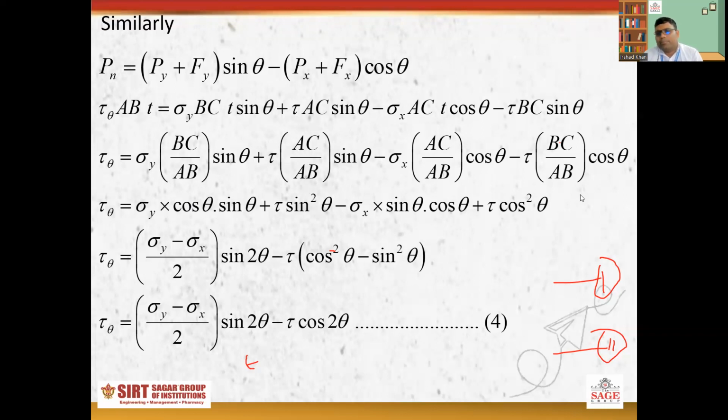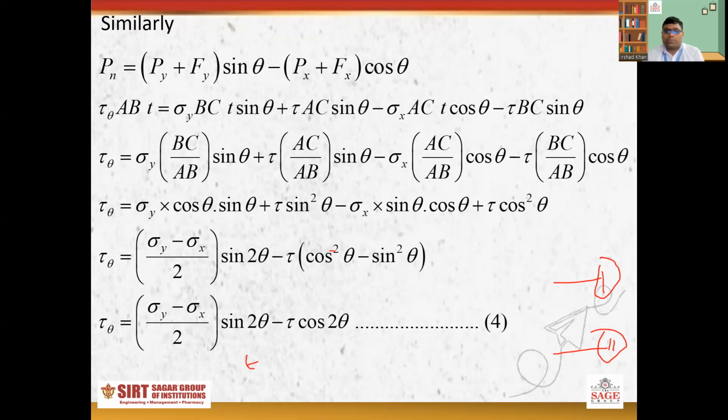So again this term can be written as sigma y sine theta cos theta or sigma x sine theta cos theta. So this becomes sigma y minus sigma x by 2 sine 2 theta minus tau, and cos square theta minus sine square theta can be written as cos 2 theta.